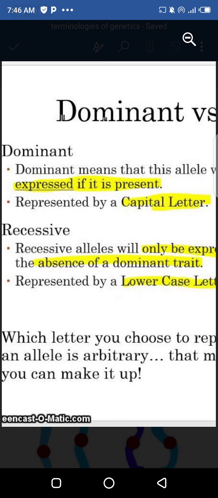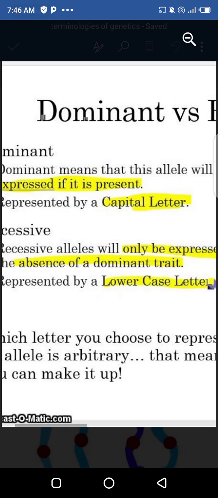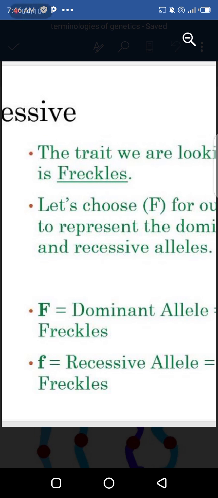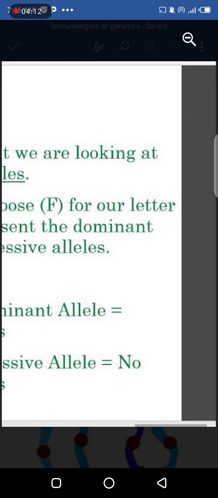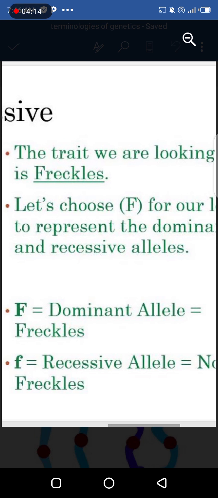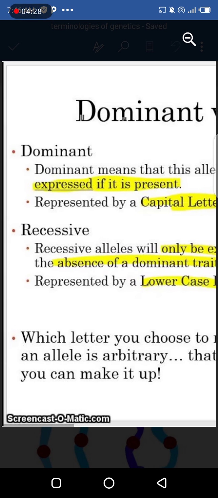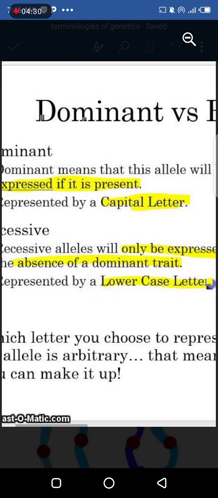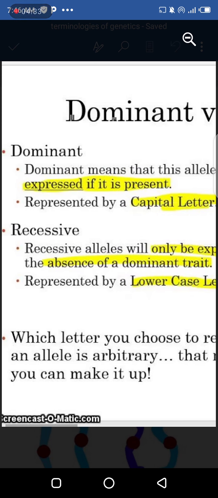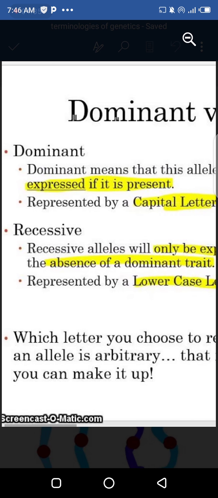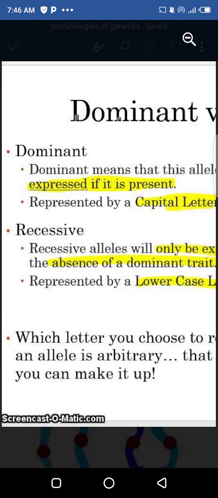They are represented by small letters, and here you can see the trait we are looking at is freckles. F is for freckles, capital F, and small f is a recessive allele, responsible for no freckles. Now which letters you choose to represent an allele is arbitrary. That means you can make it up.